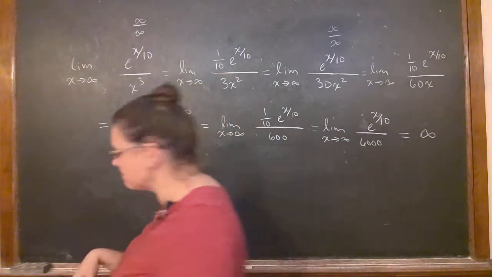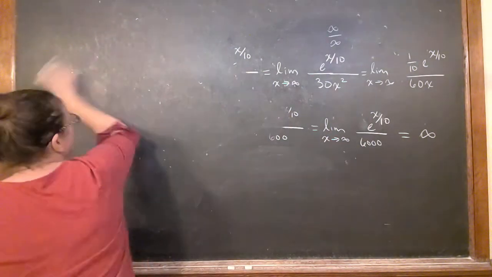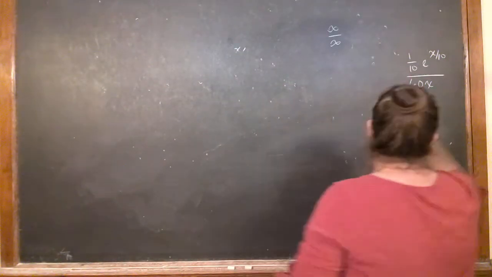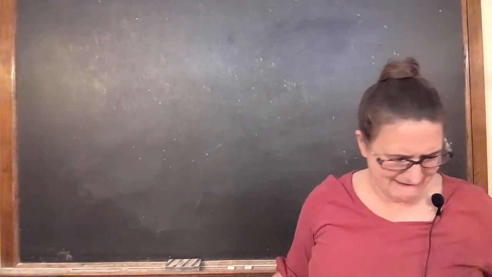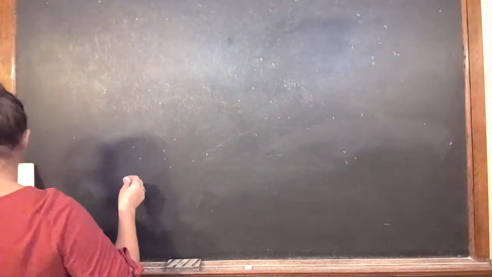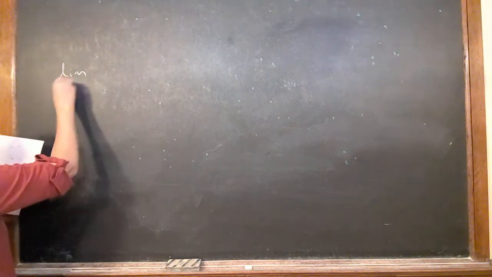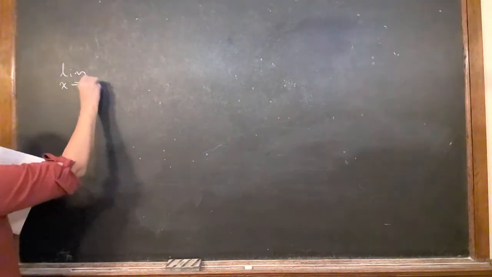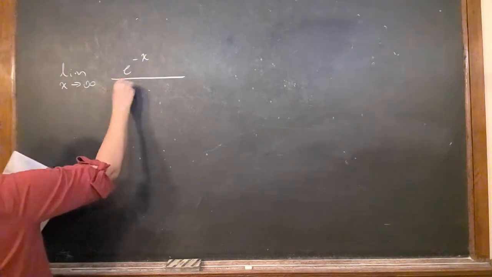All right, let me do one more with the infinity, because that one was kind of long. I think this one is not so long. Though it might look scary, it's one of the ones that maybe looks a little bit more unusual.